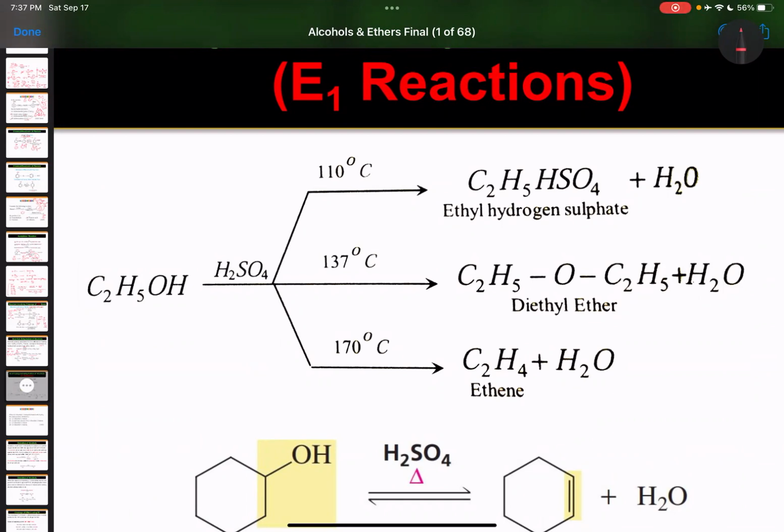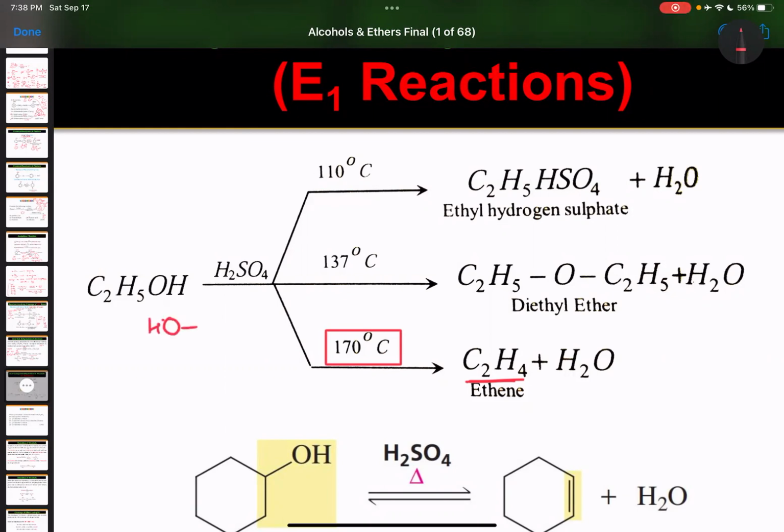Is it clear? So elimination requires high temperature because you are forming an alkene. This is the temperature for ethene, not for every alkene, because if you have more and more branching, the alkene is going to form more and more easily. For ethene, if someone asks you, it is 170, but what will happen if you take 140 degrees? At 140, elimination will not occur and alkene will not form.